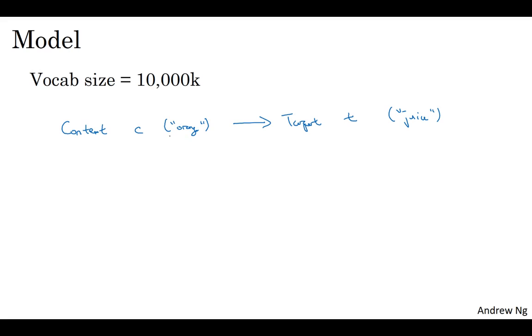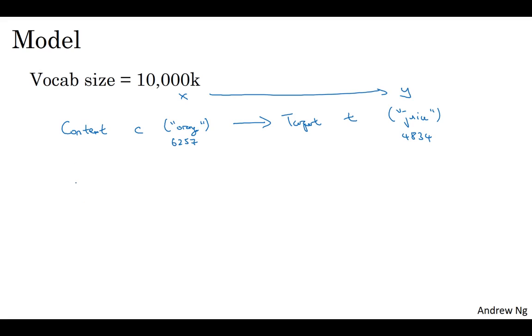So in our vocabulary, orange is word 6257, and the word juice is word 4834 in our vocab of 10,000 words. And so that's the input X that you want to learn to map to that output Y.